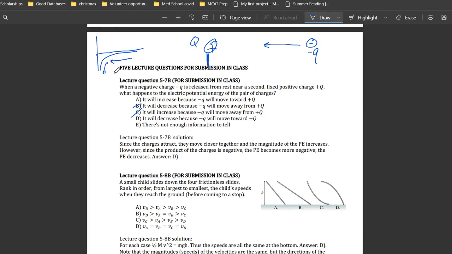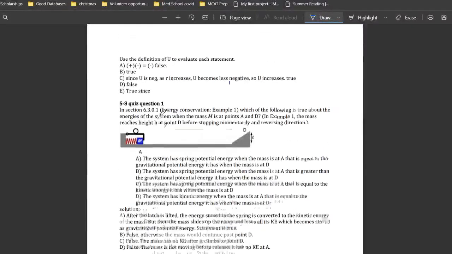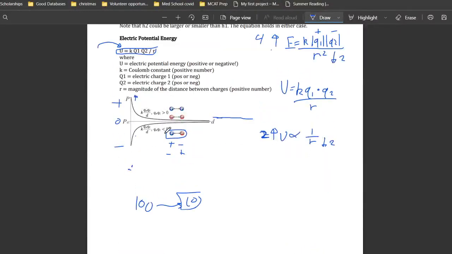It becomes more negative. So between answer choices A and D, D is true, because A is saying it will increase because negative Q will move toward positive Q. But that is simply not the case, because if we analyze this graph that we showed at the beginning of the video, this one right here, we see that as these two opposite charges get closer and closer together, the electrical potential energy infinitely decreases.